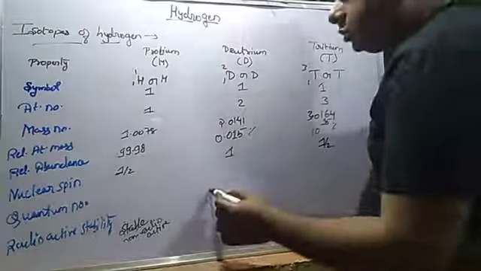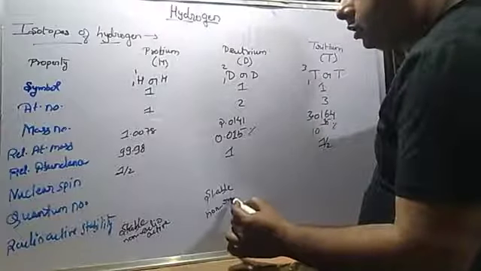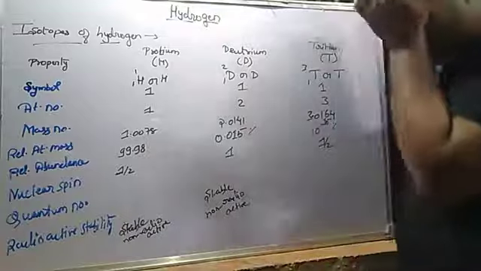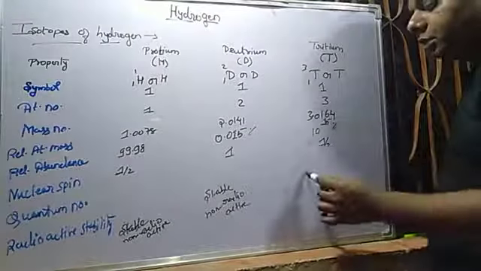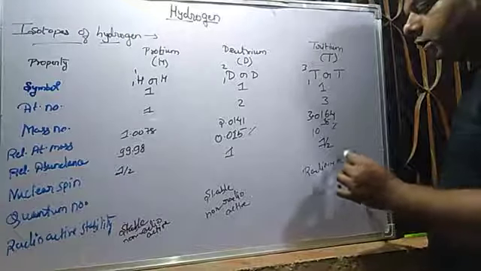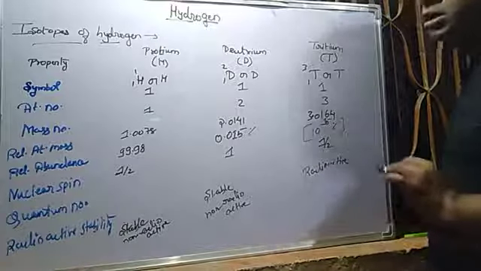Deuterium is also stable and non-radioactive, meaning no radiation will be seen, but tritium is radioactive in nature, therefore its abundance is very low.